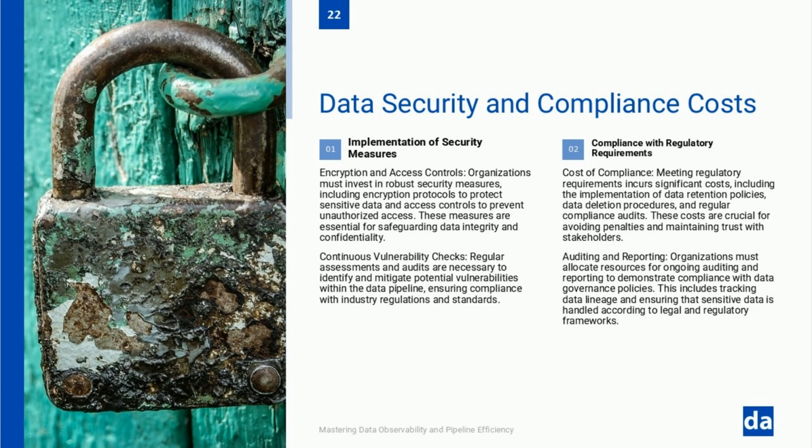Encryption and access controls: organizations must invest in strong encryption protocols to safeguard data and access controls to restrict unauthorized usage. Continuous vulnerability checks: regular assessments and audits are essential to identify and mitigate risks. These checks help ensure compliance with industry standards and regulations, protecting data integrity and confidentiality.